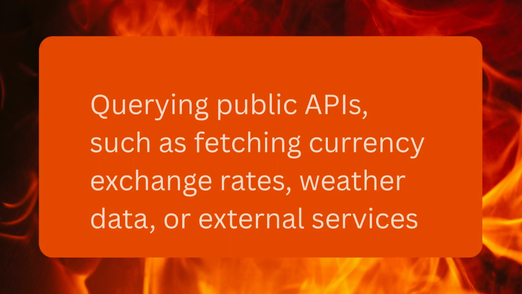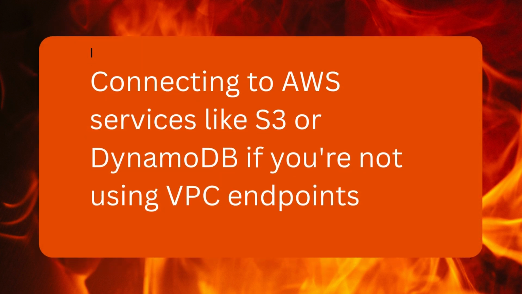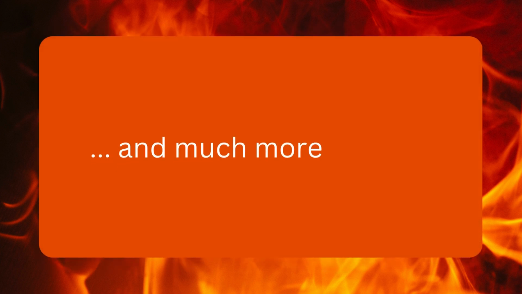You could not query public APIs, such as fetching currency exchange rates, weather data, or external services. You could not connect to AWS services like S3 or DynamoDB if you're not using VPC endpoints. The list goes on and on. So as you can see, NAT Gateway is truly a critical component for instances without a public IP and therefore no ability to access resources outside of its VPC.